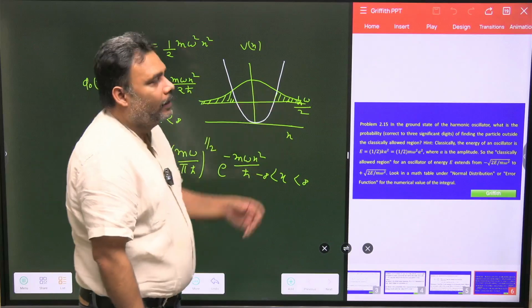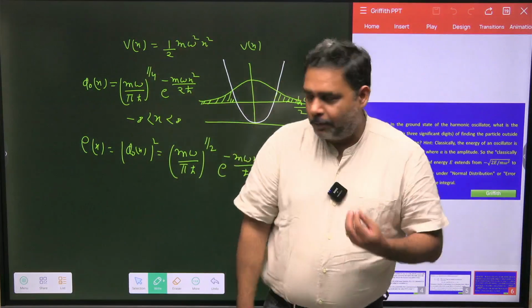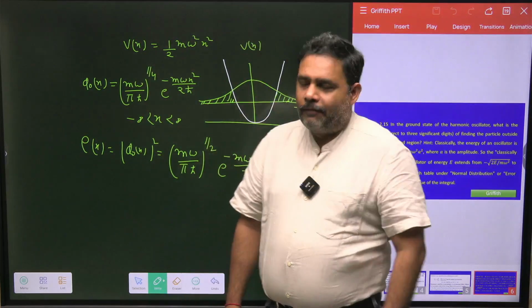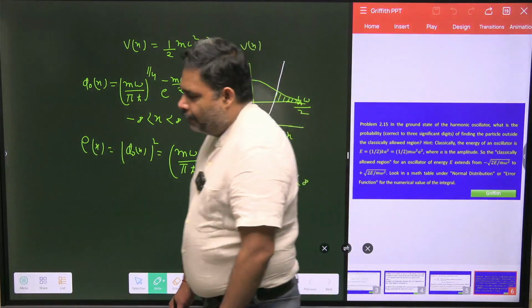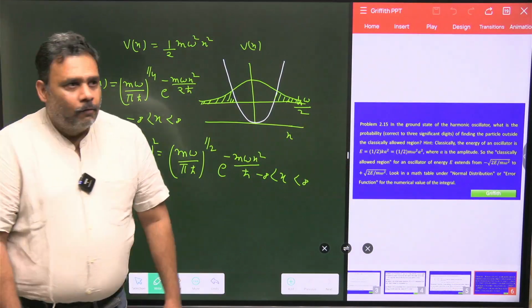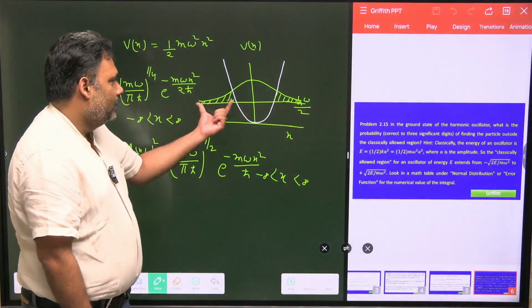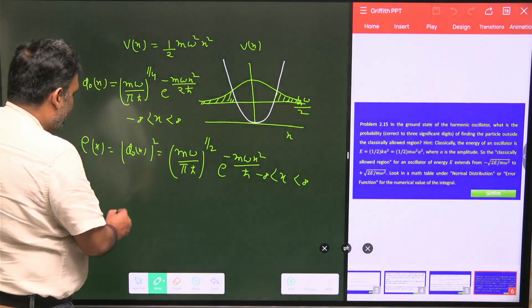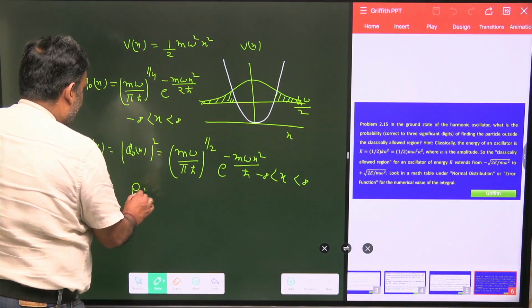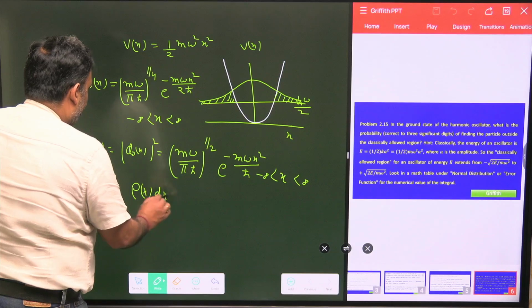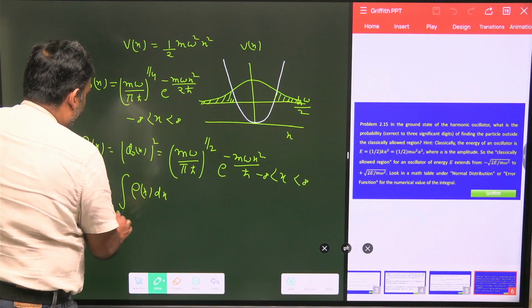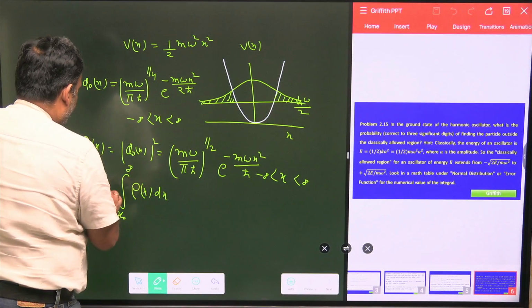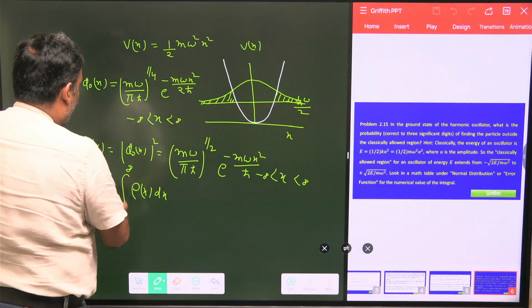We have to find the probability that the particle will be in the classical forbidden region. Before that, we can see that this area and this area are symmetric. So we can easily find the integral of rho(x) dx from x naught to infinity, times 2.